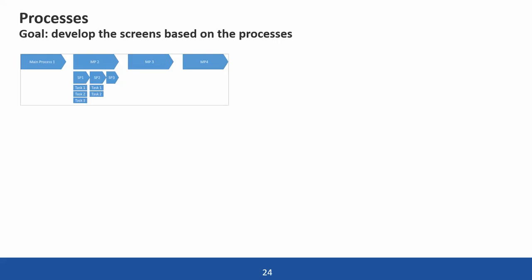But that's not enough. In the concept, we focused on perhaps 20, 30, 40% of the major processes. But here we want to cover all processes, because this is really important. For your application to work, you have to cover all processes.